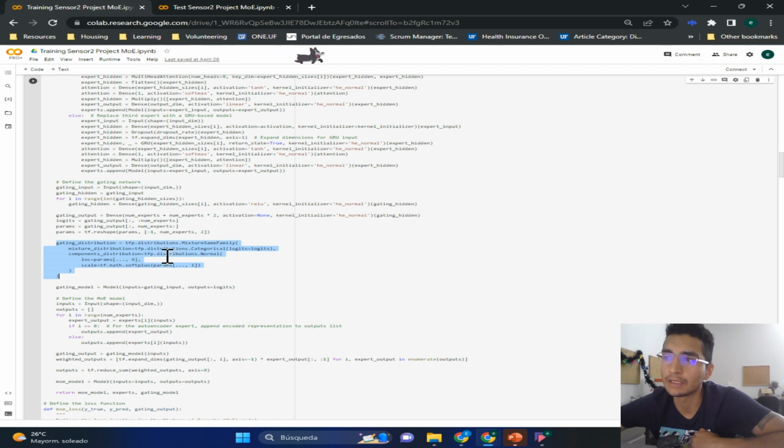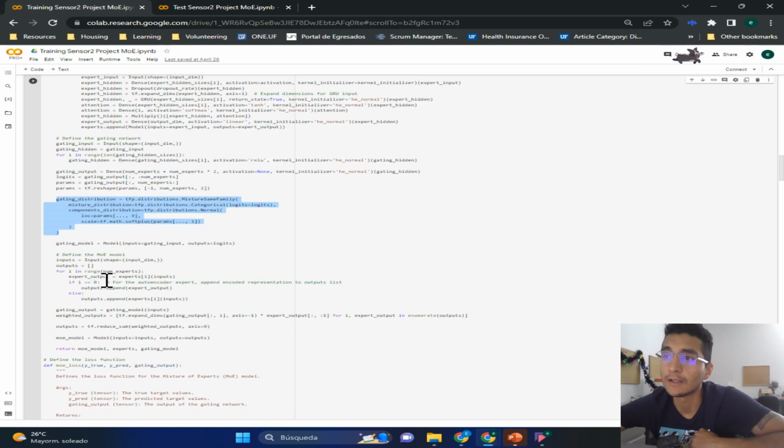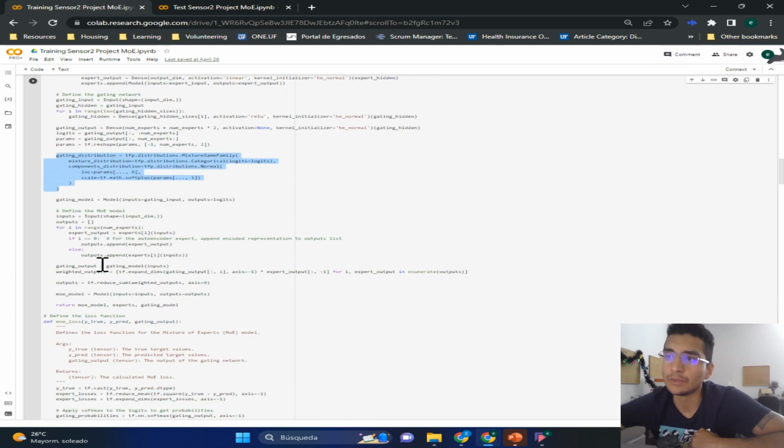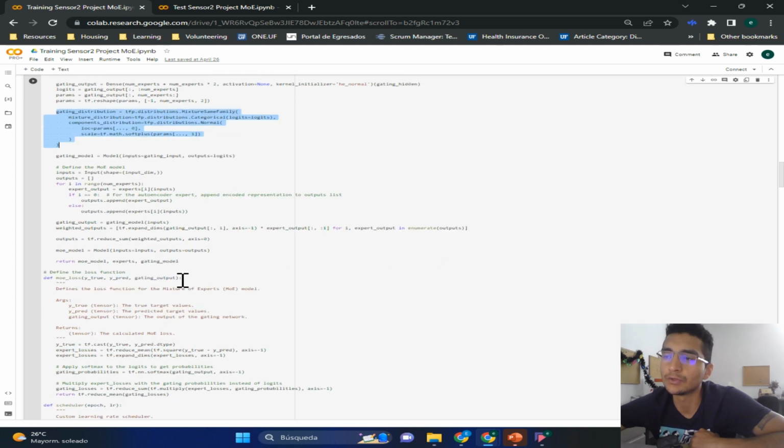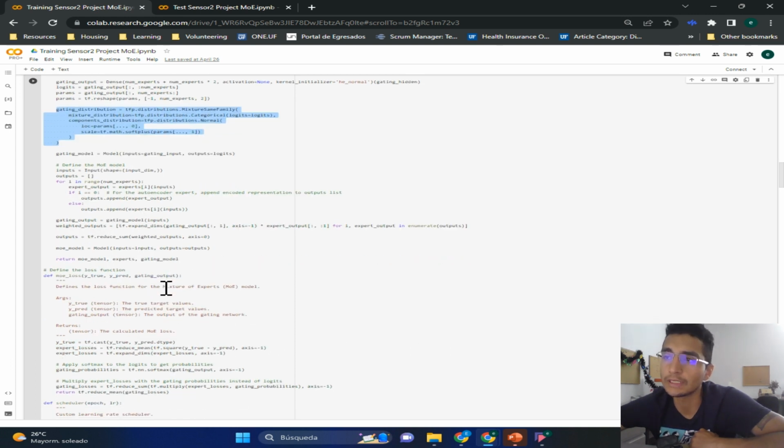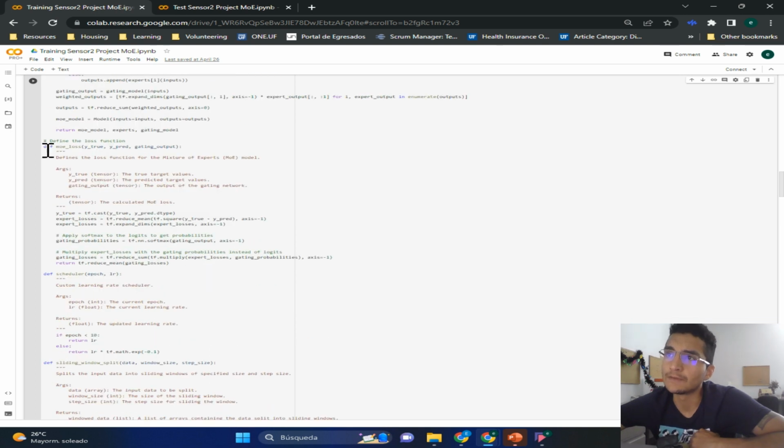It's throwing a distribution on the input data to determine the probability of a model being selected at a certain point of the data. Then we define all the weights that represent the contribution of each model to the data. We have this function as well, which is the loss function.